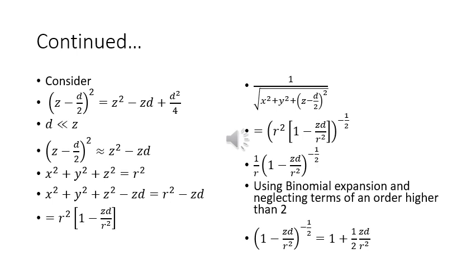Using binomial expansion and neglecting terms of an order higher than 2, we get 1 minus zd by r square raised to the power minus half to be equal to 1 plus half zd by r square.